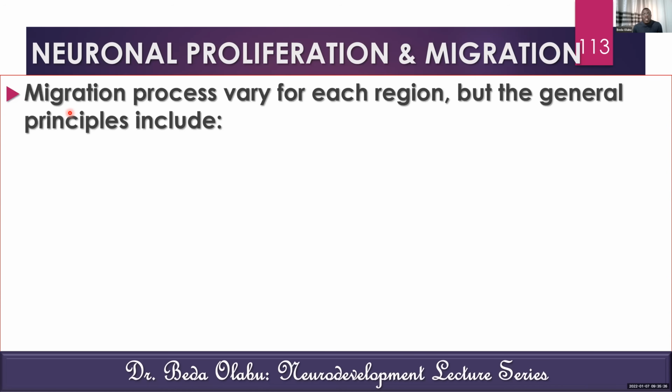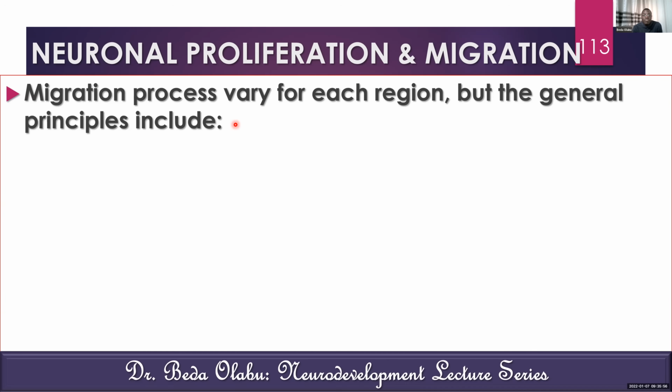We've said many things about neuronal migration, but let's bring some things into perspective. The neuronal migration process varies for each region. So how they migrate in the cerebellum may be different from how they migrate in the cerebrum, and how they migrate in the frontal cortex might be different from how they migrate in the insular lobe.